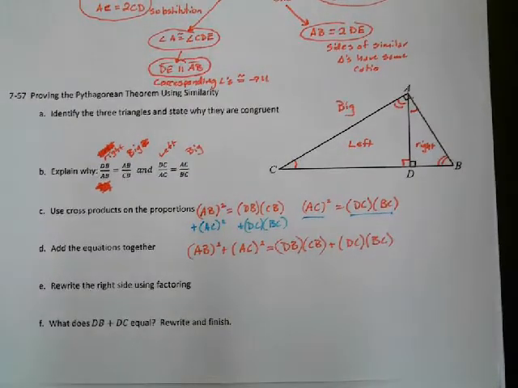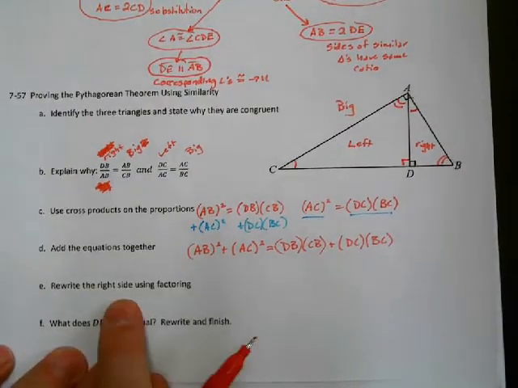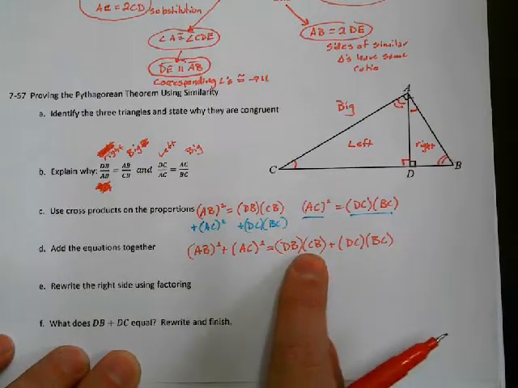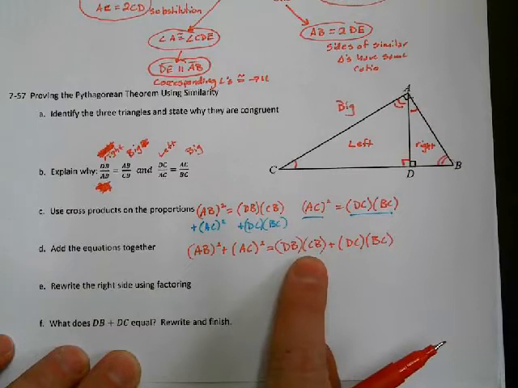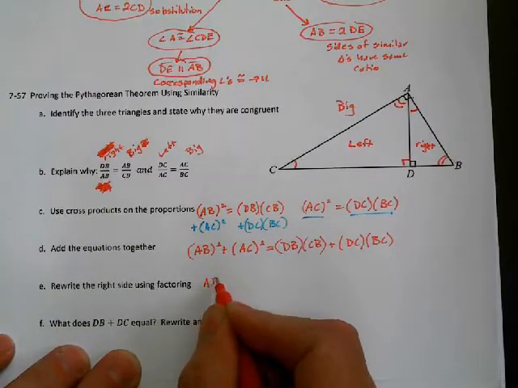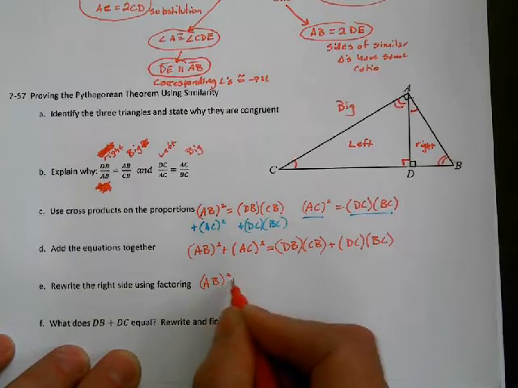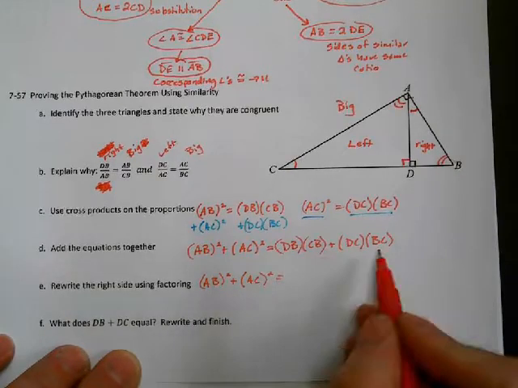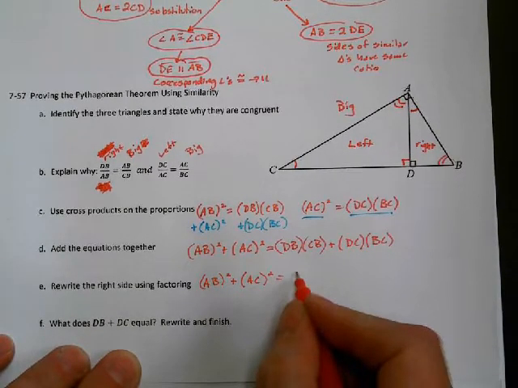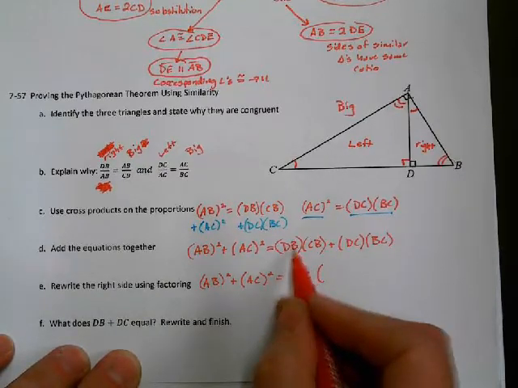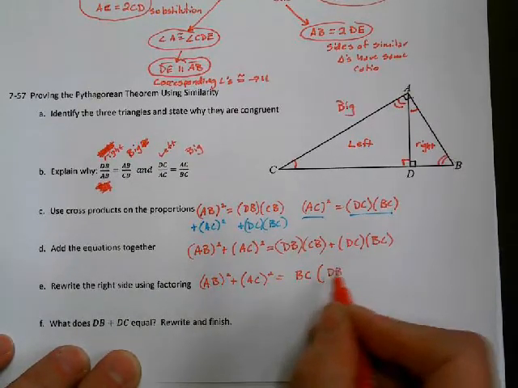We're going to rewrite the right-hand side by factoring. See how they both have BC in them? So I'm going to rewrite that side. The left side is going to stay the same. On this side, they both have BC, so I'm going to factor out BC. And then I'm left with DB plus DC.